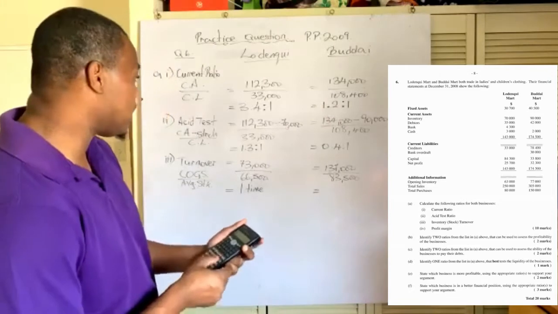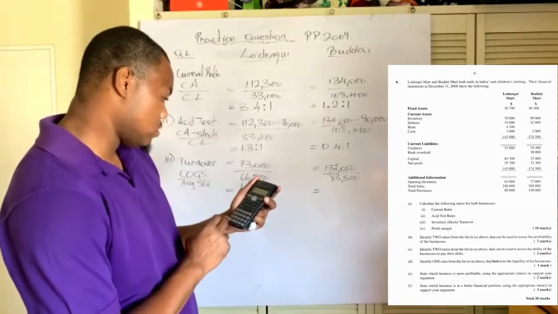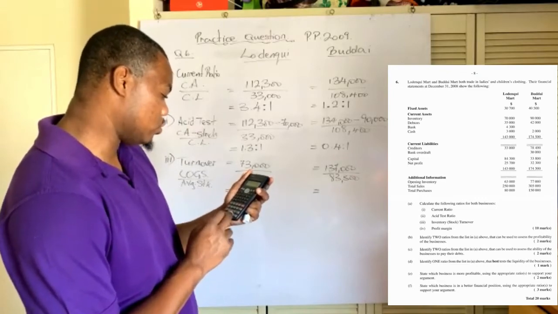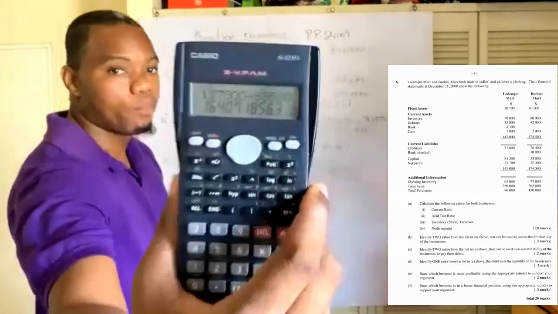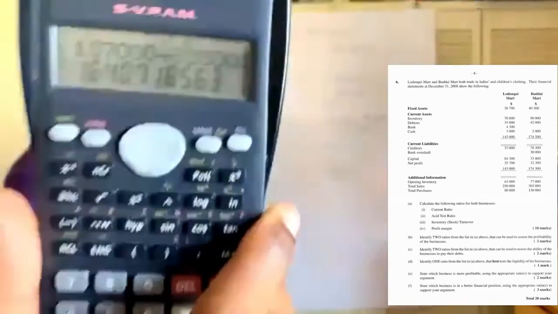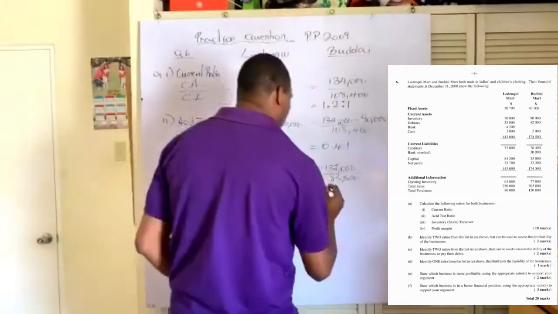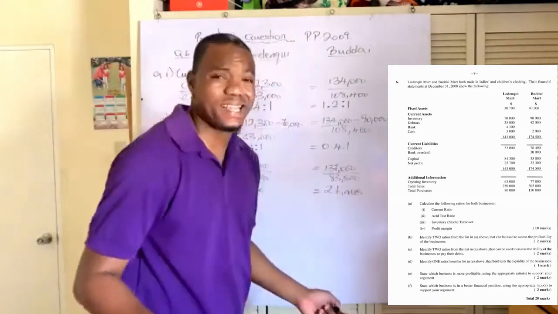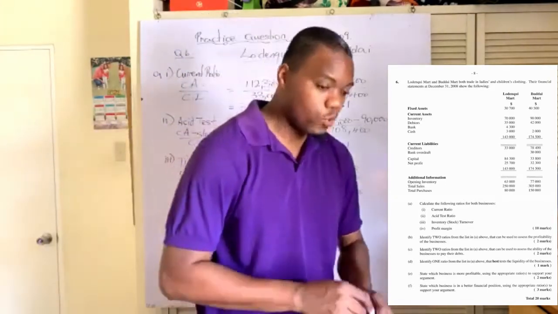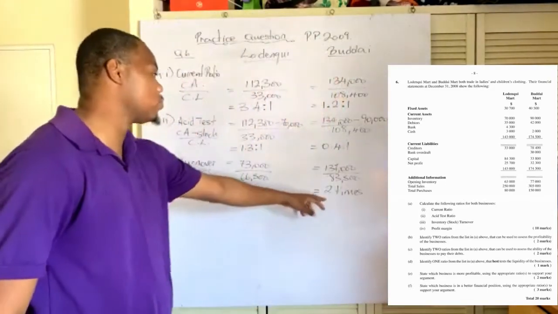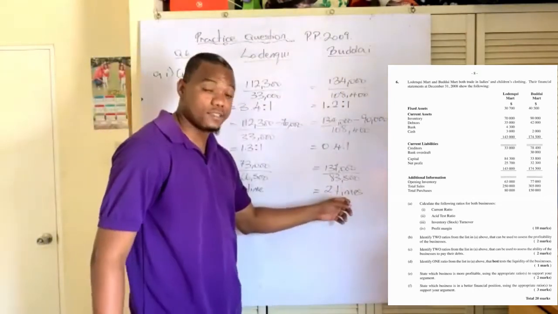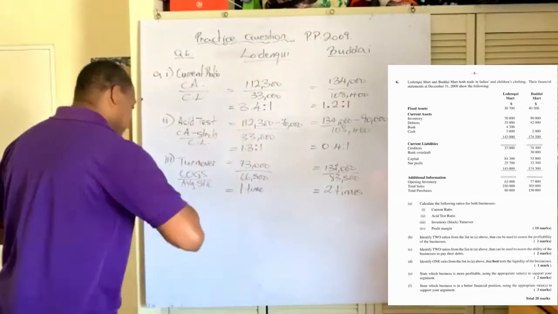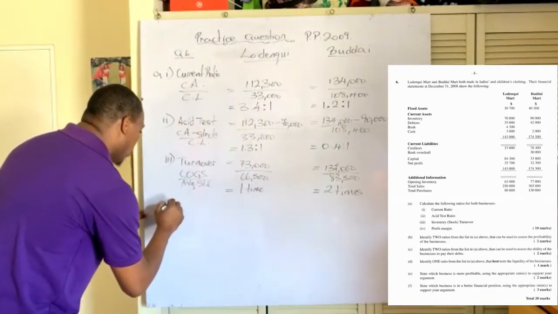And Budai now, 137,000 divided by 83,500 would have been 1.64. We can round it up and just say 2 times. I mean, what is 0.6 of a time? You know what I'm saying? So Budai bought stock 2 times, while Lodenki bought stock 1 time. That tells you something about how business is going.